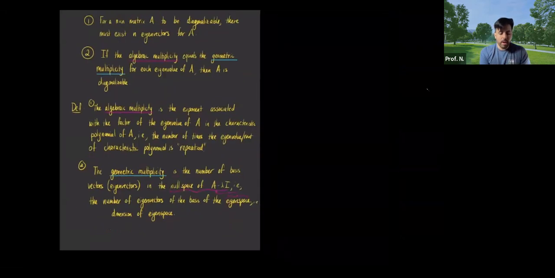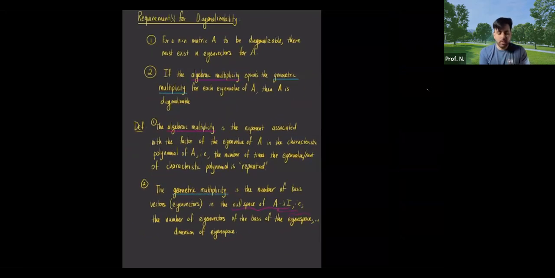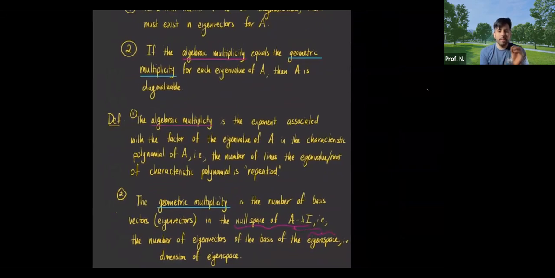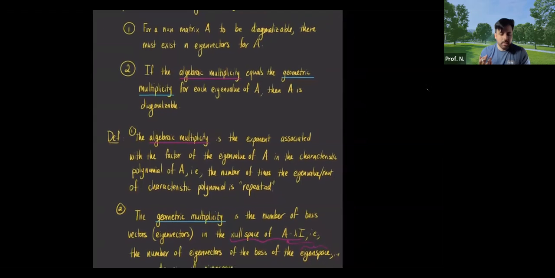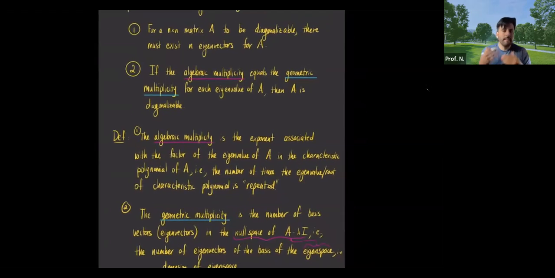So why do we care about this? Well, we care about these two things in particular because if the algebraic multiplicities and the geometric multiplicities all are equal, then what you're saying is that there will exist n eigenvectors for the matrix A. The moment that one of those algebraic multiplicities does not equal the geometric multiplicity for a given eigenvalue, then immediately you don't have a diagonalizable matrix.